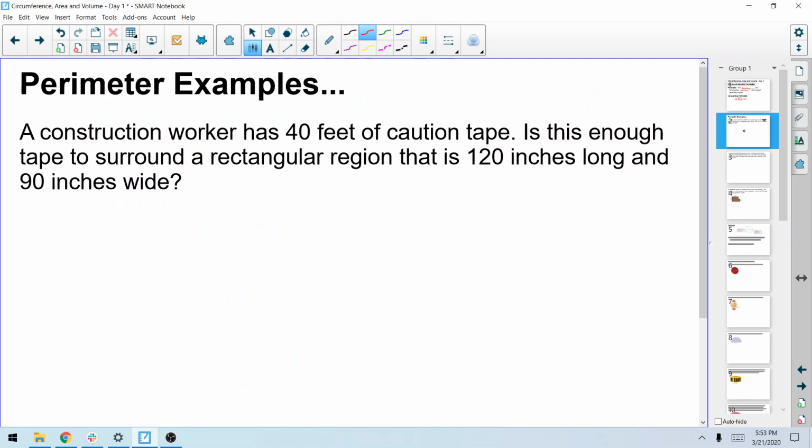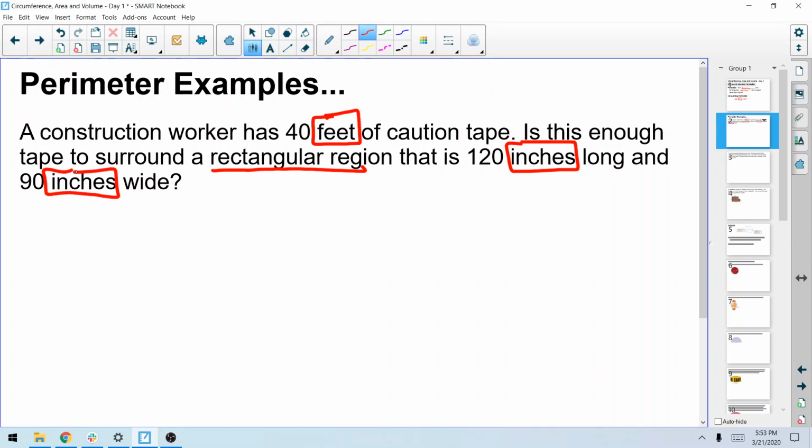Perimeter examples. A construction worker has 40 feet of caution tape. Is this enough tape to surround a rectangular region that is 120 inches long and 90 inches wide? The first thing I'm going to look at is that he has 40 feet of caution tape, and the next thing is he has a rectangular region that is 120 inches by 90 inches.